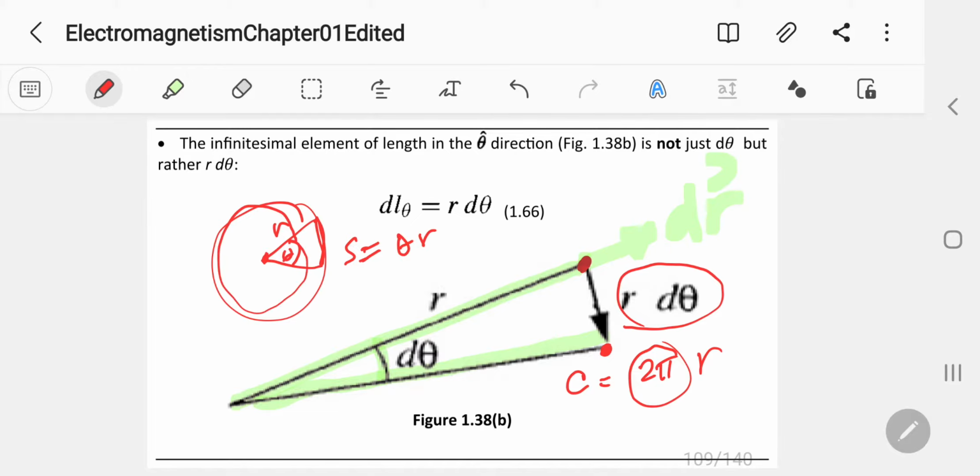Sorry, we have made a mistake here. This is supposed to have sine theta, and this one has no sine theta. Because you're supposed to have this one and this one, and this one is r sine theta.